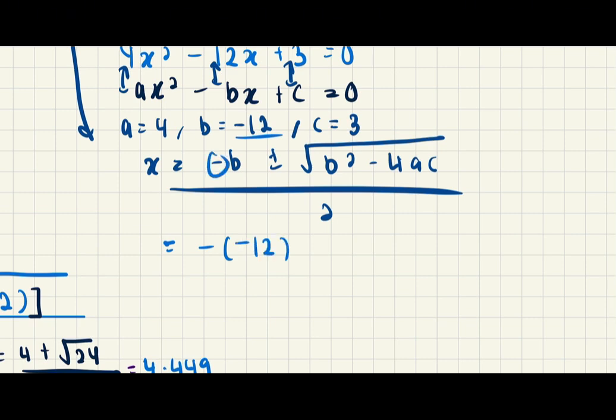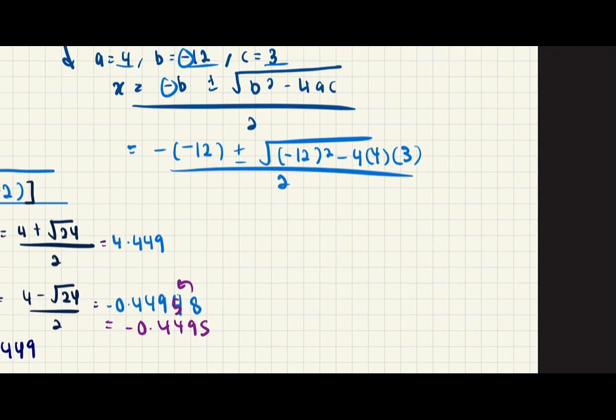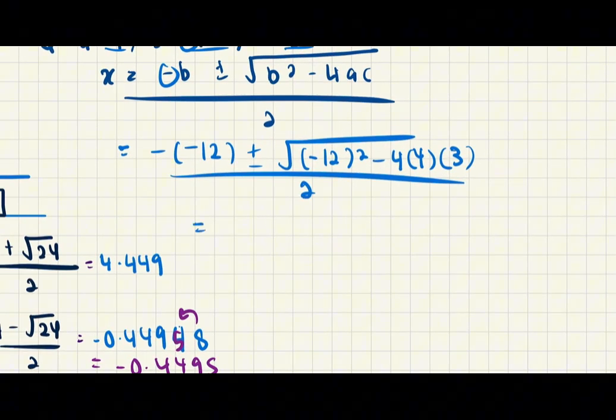There's a negative here and another negative here. Plus minus square root of b squared, so negative 12 squared minus 4 times a, which is 4, and then times c, which is 3. Over 2.